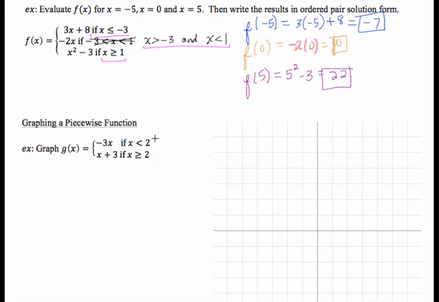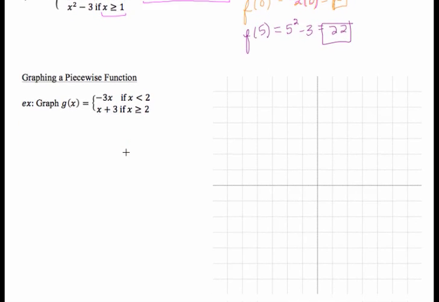All right, so let's graph g of x is equal to negative 3x if x is less than 2, or x plus 3 if x is greater than or equal to 2. So first we split up the domain. By the way, I recommend doing this in pencil because you may have to erase part of your graph. So let's write it out in words.